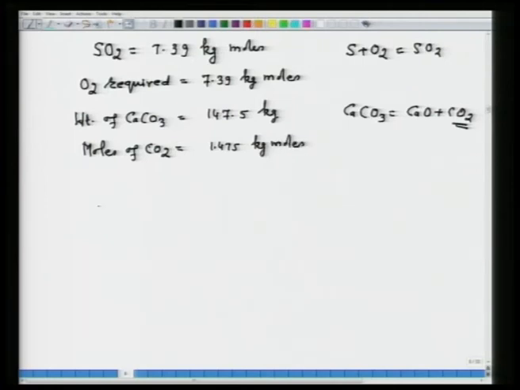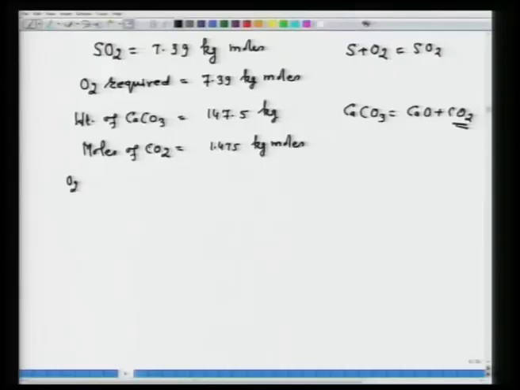Now, slag contains FeO also. So, oxidation of iron will also require oxygen, and that we have to find out. So, O2 for oxidation of iron, that you can calculate, it will come to 1.996 kg mole.